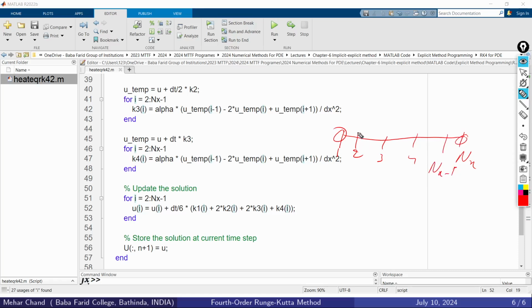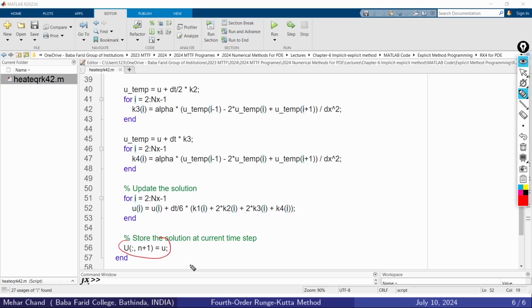So in the loop we need to compute only the unknown values, which are the interior points, and for these the loop will run from 2 to nx minus 1. That's why the for loop uses the index from 2 to nx minus 1, since the boundary values are known. All the computed values will be stored at this place: U colon, n plus 1 is equal to u.